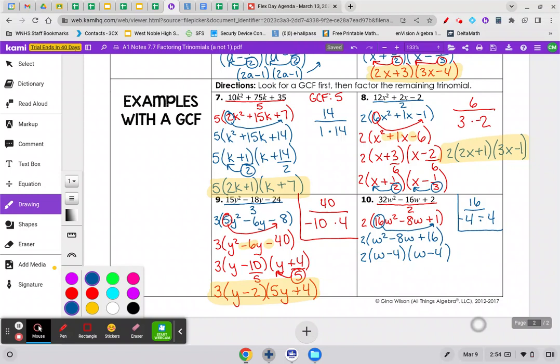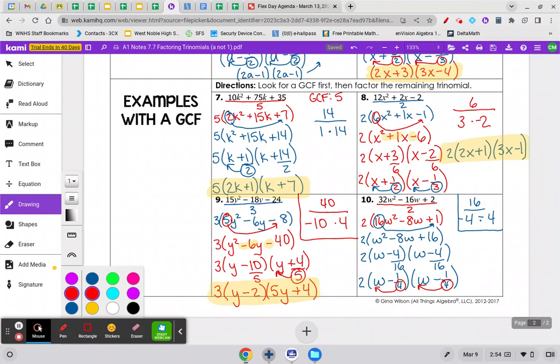I do need to slip that 16 back under. These do reduce. They're both divisible by 4, so we have 1/4 left over. Remember, you must reduce completely. If you don't, it'll be wrong. We then slip the 4 back in front of the variable.